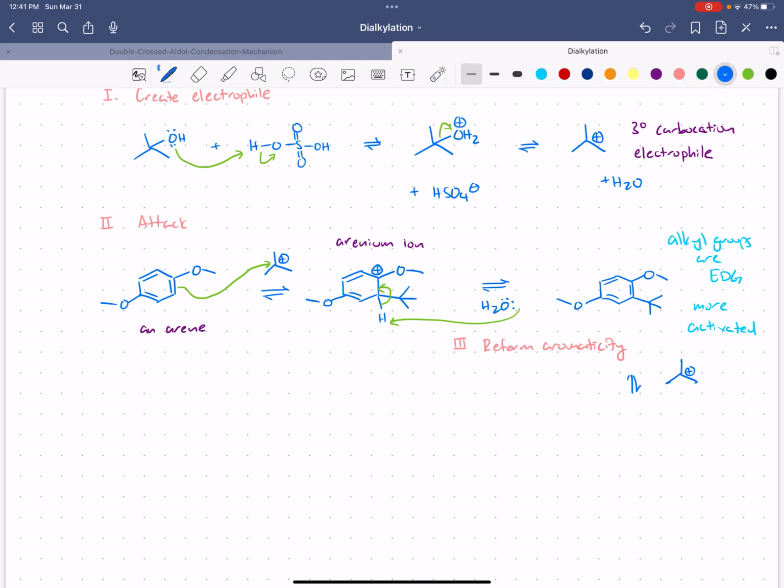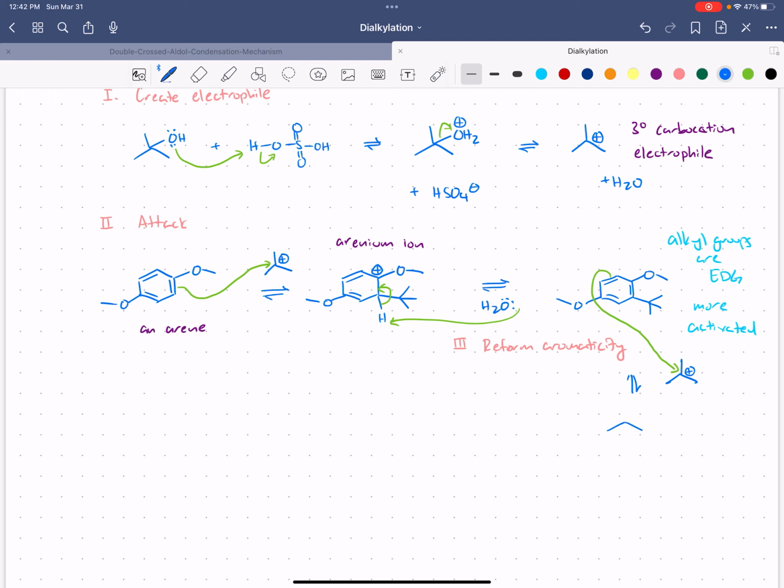Okay. The challenge is, how do I get it to go to this carbon here? We can't put it here, too crowded. You don't put it in between two groups. How do we get it here? Well, we got to use this double bond. Okay. And so we're practicing more.